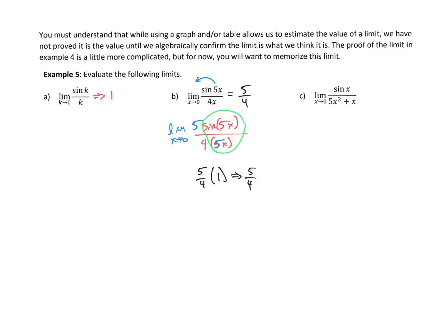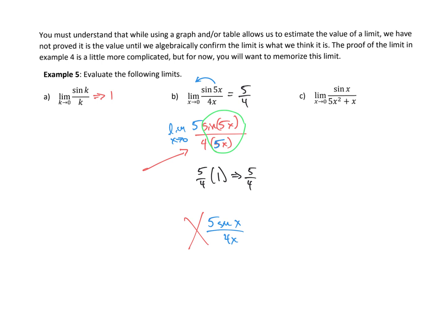Is everybody hearing me on this? All right, you cannot say 5 sine of x over 4x. Is everybody hearing me? Will that give you 5/4? Yes, it will. It will give you the answer. However, when you show your work, you must do it this way. Does everybody hear me? All right, cool.